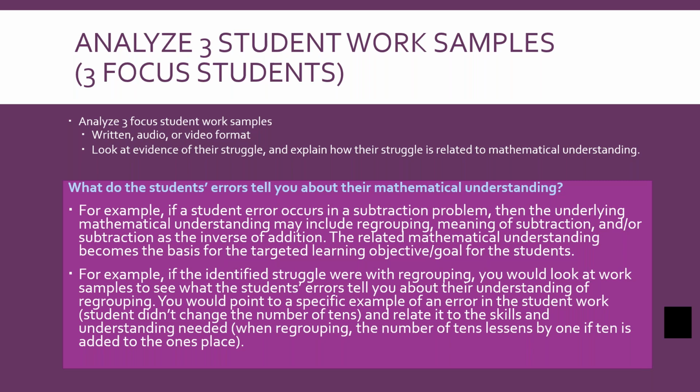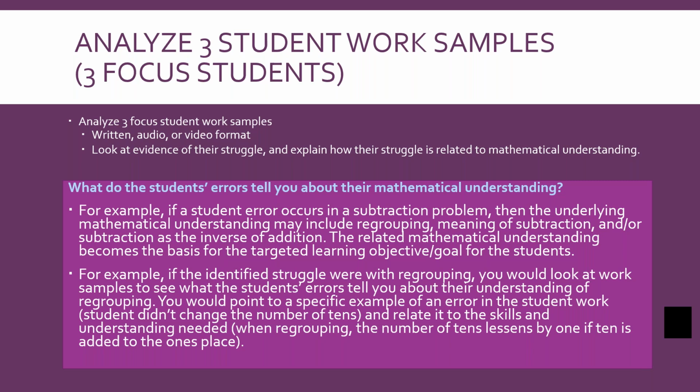Here's another example. If the identified struggle were with regrouping, you would look at work samples to see what the students' errors tell you about their understanding of regrouping. You could point to a specific example in an error in the student work. The student didn't change the number of tens, and relate it to the skills and understanding needed.